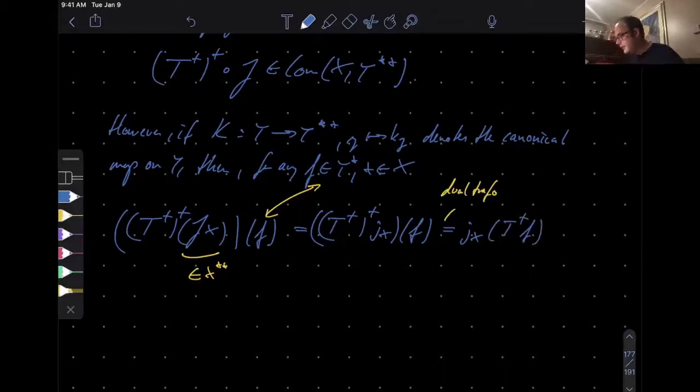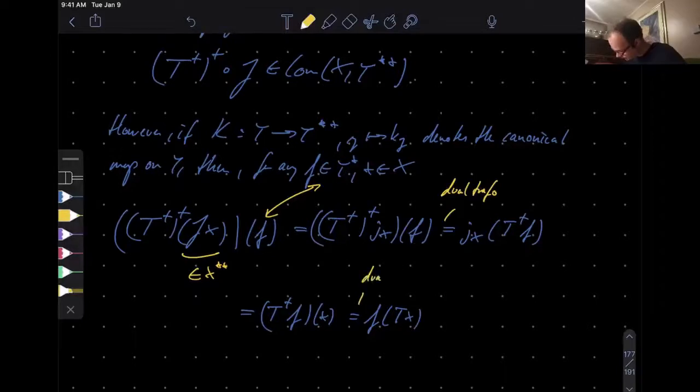J_x of T'f. So you have this, and now you use the definition of J sub x. So this is T'f of x, and now you use again the definition of the dual transformation, f of Tx. Right. So the dual transformation is used here and previously, and this guy here, J of x applied to f, is pointwise evaluation, f of x.